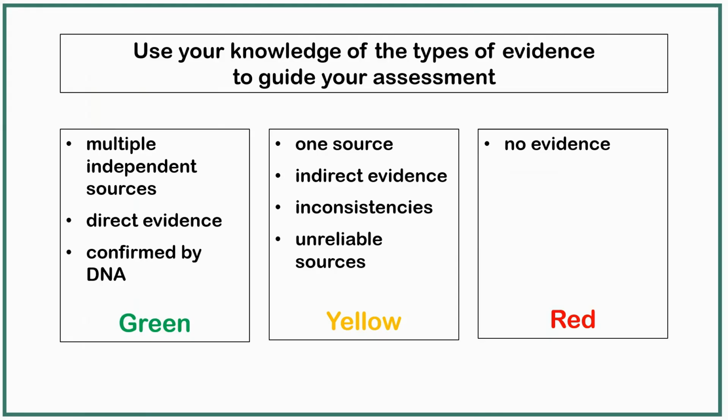If you have confirmed the identity and relationship of an individual using DNA evidence, then the assessment will be green, provided your confirmation process is accurate. This is because the combination of documentary and DNA evidence is stronger than either documentary or DNA evidence on their own.